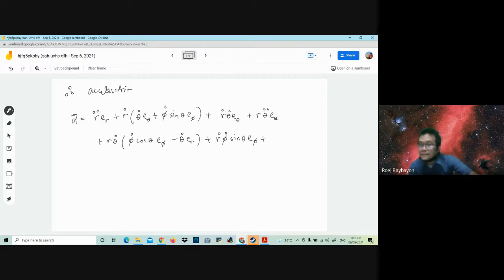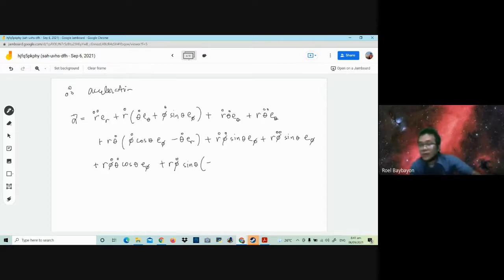Plus R phi double dot sine of theta E phi, R phi dot theta dot cosine of theta E phi plus R phi dot sine of theta.